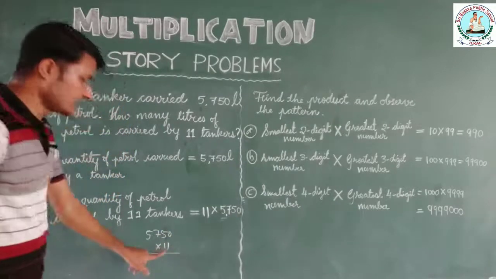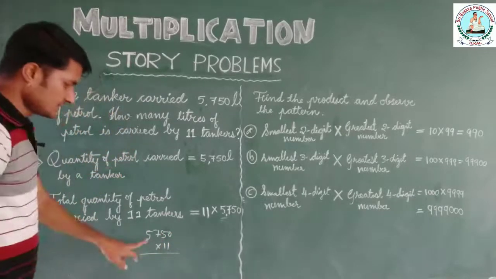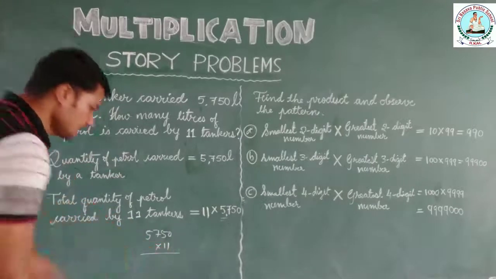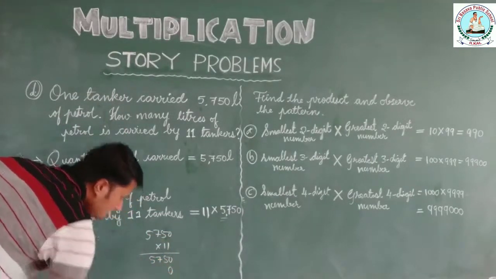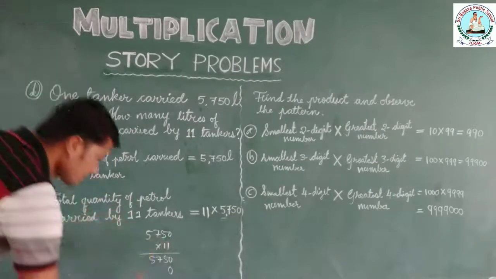If you know the 11th table, it is so easy. Any number multiplied by 1 is the number itself, right? Very easy. Now skip the 0. Again, any number multiplied by 1 is the number itself.